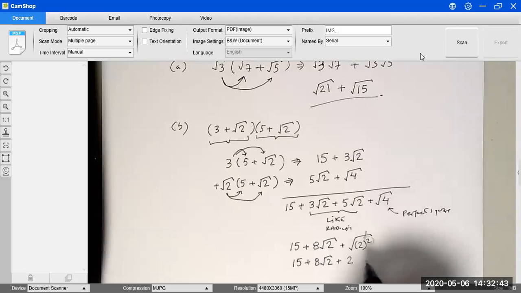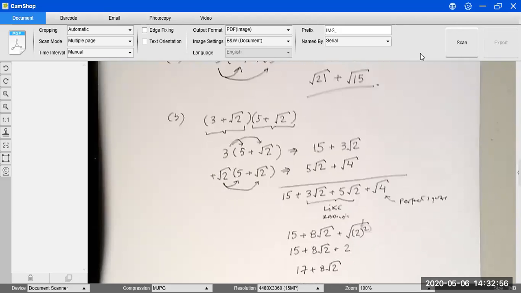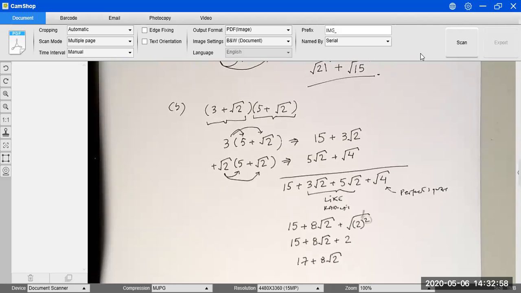Sorry. So finally, I have two numbers that I can combine. So these are like terms. So 15 and 2 is going to be 17 plus 8 times the square root of 2.